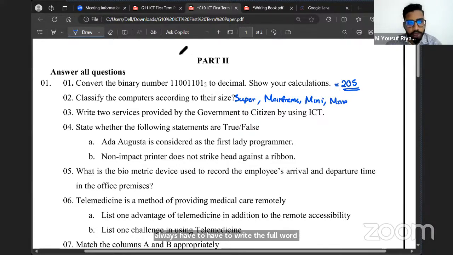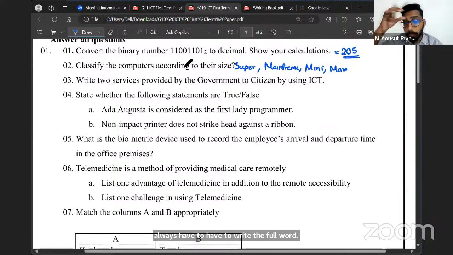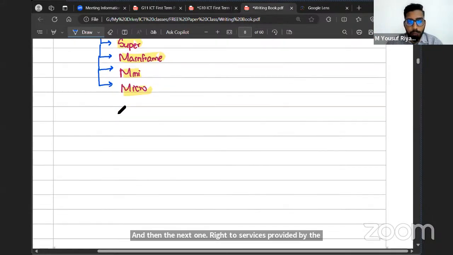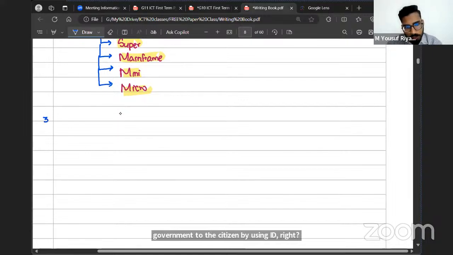And then the next one, write two services provided by the government to the citizen by using IT. Tell me two services you know the government provides to the citizen. Yes, one is a map of Sri Lanka. Correct. Exactly.